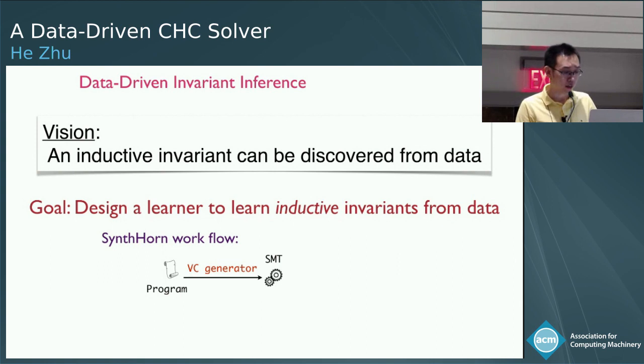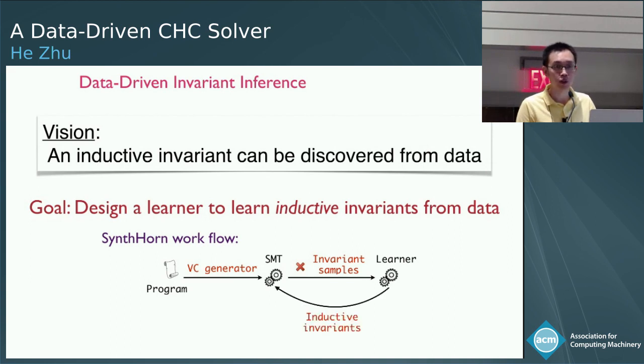If the SMT solver cannot use the current inductive invariants to prove the VCs, counterexamples are generated and sent back to the learning algorithm to produce new inductive invariants. Such a check and guess loop is iterated until the solver can eventually use the new inductive invariants to prove all the VCs.